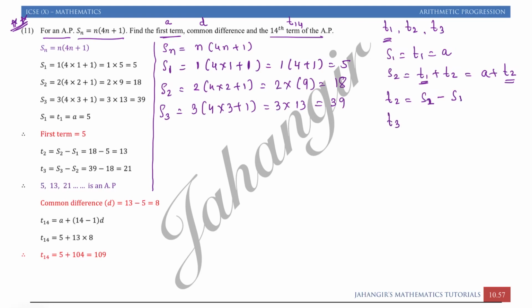Same way for S3 we can use the sum of three terms minus the sum of two terms. If you have a sequence like 1, 3, 5, 7, and so on. The sum of first term is 1, the sum of two terms is 1 plus 3, that is 4, the sum of three terms is 1 plus 3 plus 5, that is 9, and the sum of 4 terms, 9 plus 7 is 16, and so on.